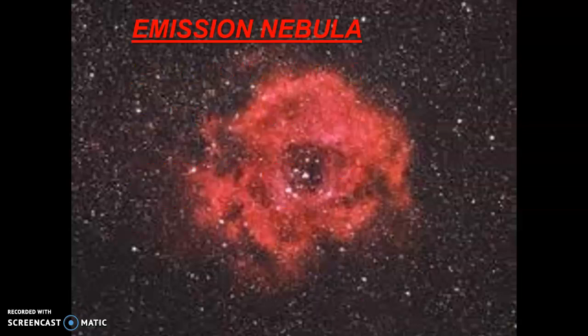Anyway, moving on. What is that thing? That thing, we call it an emission nebula. A nebula is basically from the word nebulous. Nebulous means unclear, fuzzy, cloudy. And that's what a nebula is. It's just a huge star nursery. It's a big, vast expanse of gas and dust. And emission nebulas are being lit up, emission, by surrounding stars or stars within them.